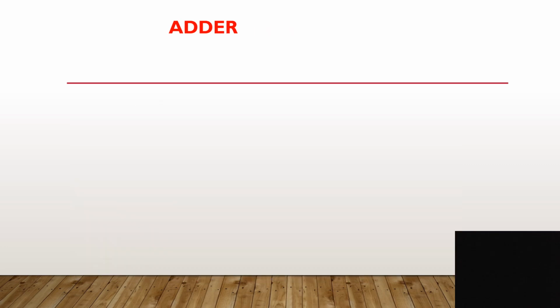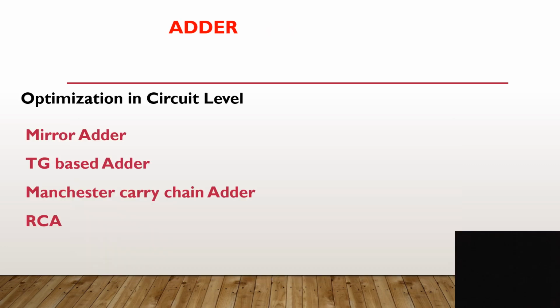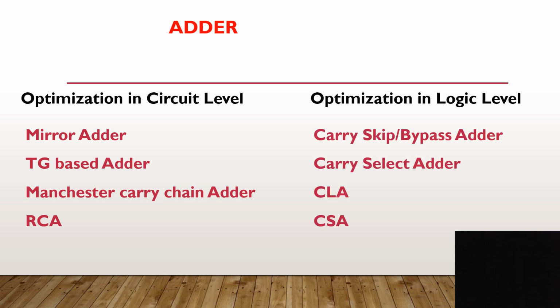Now we are going to see the adder unit. First of all, we have to design the adder in such a way that we optimize the unit, so that the power delay trade-off can be improved. The optimization can be performed at the circuit level as well as the logic level.